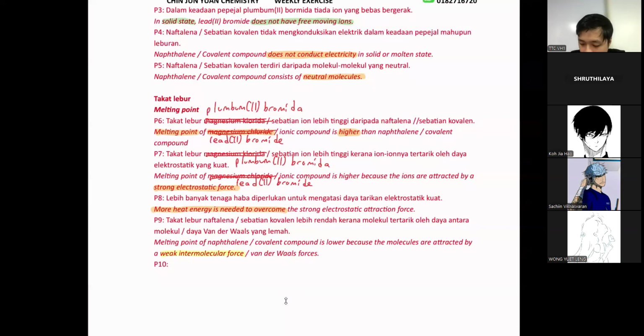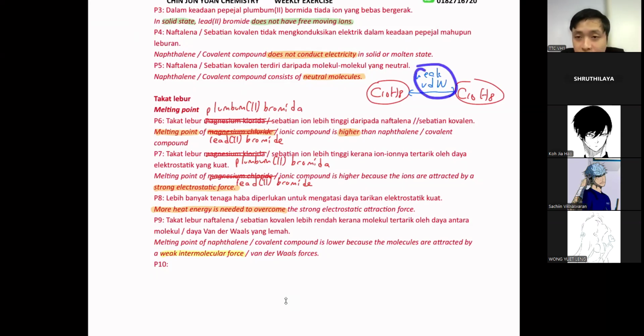Let's say this one is a C10H8 molecule, another C10H8 molecule. Between them is a weak van der Waals attraction force. Weak means if these two particles are close to each other, like in a solid state, and you want to split them apart to become liquid, it is very easy.